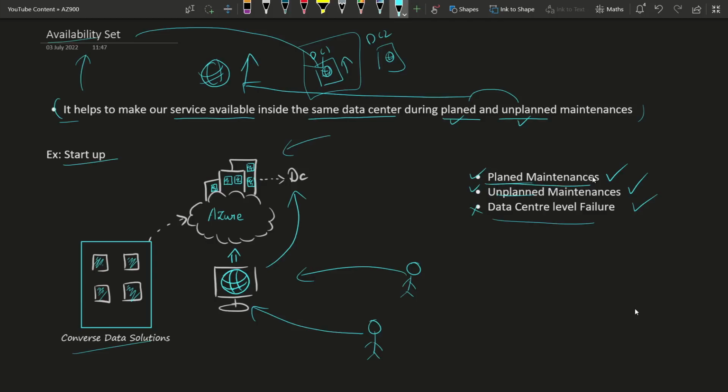Planned maintenance is like a software update or hardware update, to improve security or to move their system to a new version of the hardware. For that, Microsoft will update their hardware or software. Assume that our website is hosted inside this server.